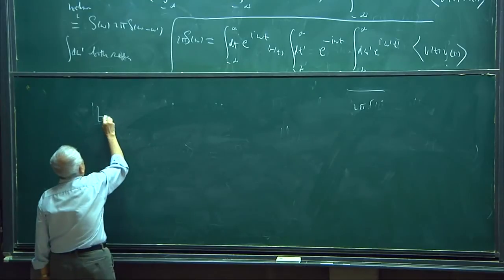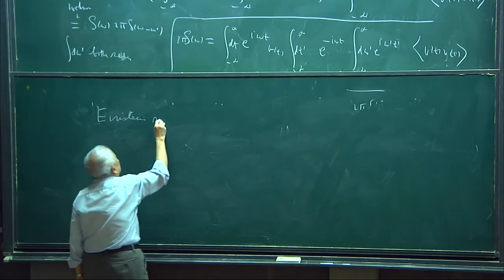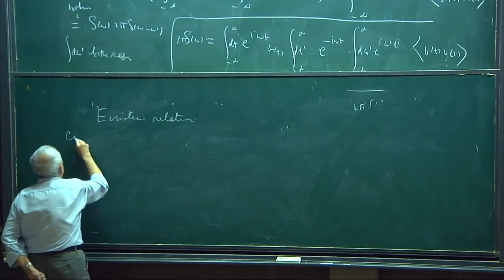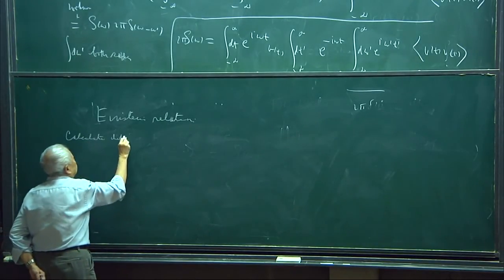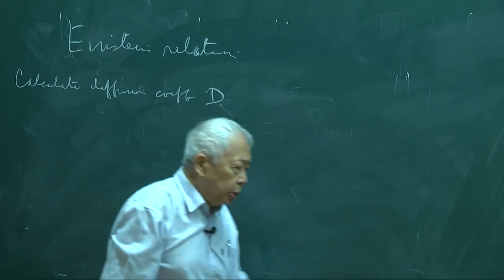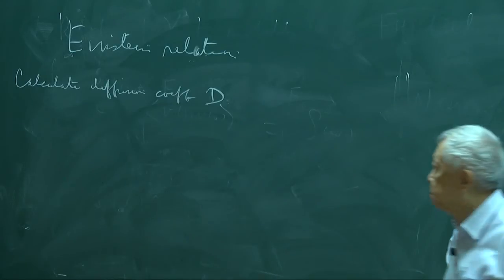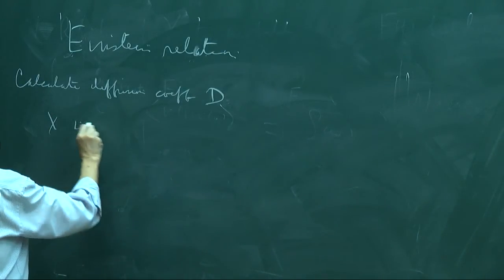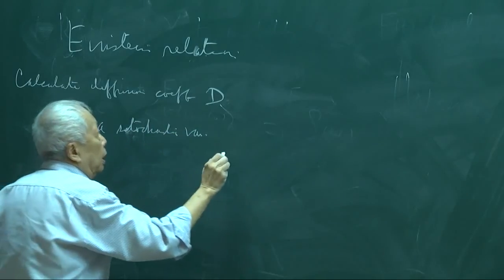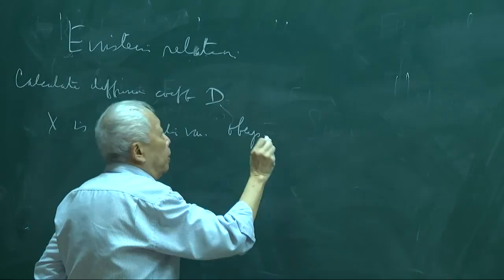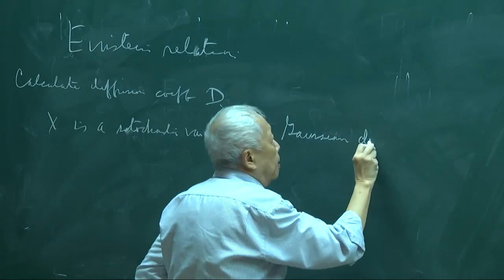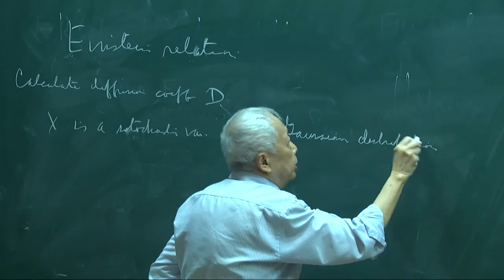To do this, you need to calculate the diffusion coefficient D. And here we do it by relying on the fact that dx is a stochastic variable, and therefore obeys a Gaussian distribution by the central limit theorem.